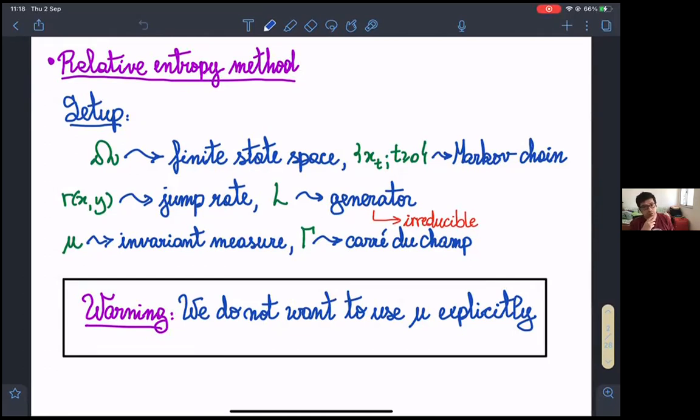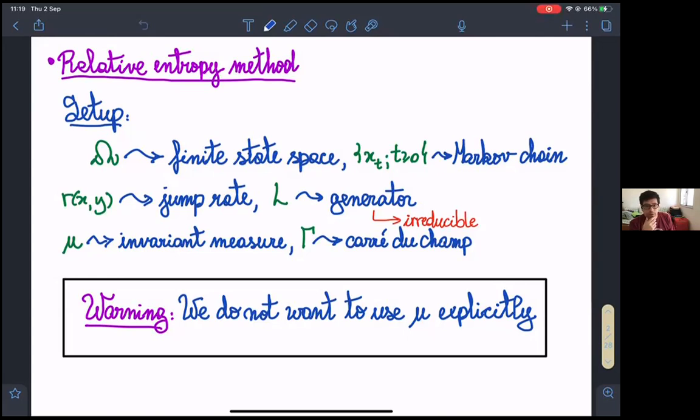I'm going to assume that the chain is irreducible. Otherwise, we just look at a minimal substate of the chain. I'm going to call mu the invariant measure, and gamma was the carré du champ.